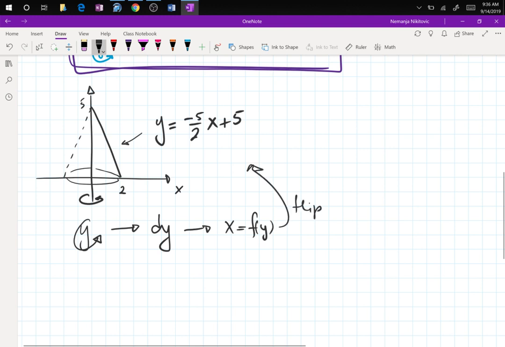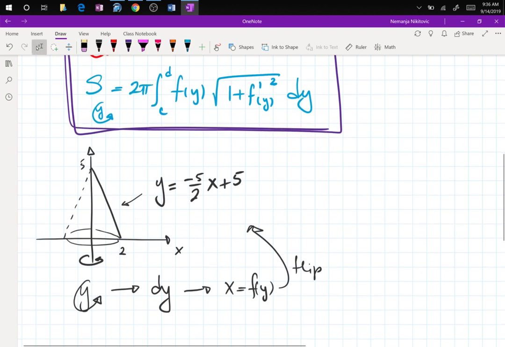That's the line of thinking: your y rotation gives you the dy integral, and because it's a dy integral, the whole thing has to be in terms of y. So you look at the picture, you know it's a y rotation, y gives dy, and dy gives the functions in terms of y. This one is given in terms of x, so we have to flip it. That's how we know we need to flip.